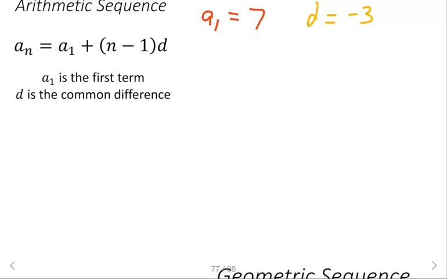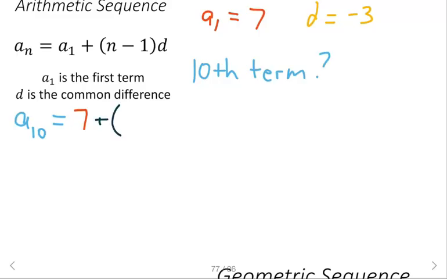Well, what if we wanted to find the 10th term of the sequence? Well, let's replace n with 10. So we'd have a sub 10, the 10th term of the sequence, equals the first term of the sequence, plus n, which is 10 now, minus 1 times the common difference, which happens to be negative 3.